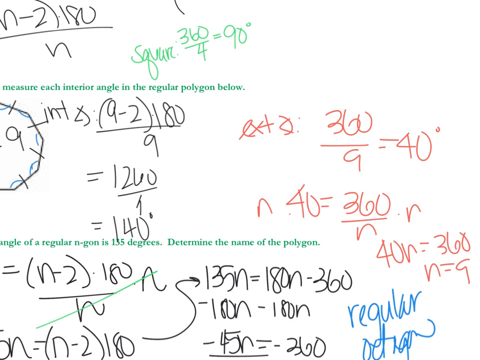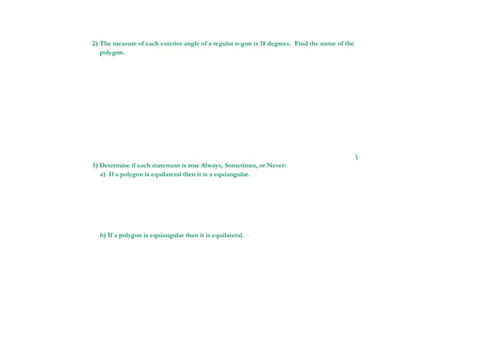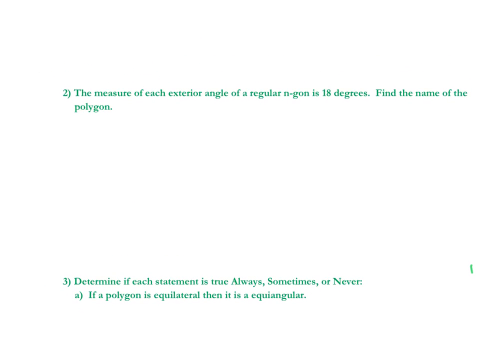All right, let's go to the last page of the notes. And I actually just kind of helped you for the next problem. It says the measure of each exterior angle of a regular n-gon is 18 degrees. So focus on the exterior, so that's going to be 360.